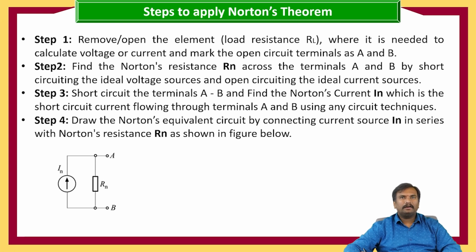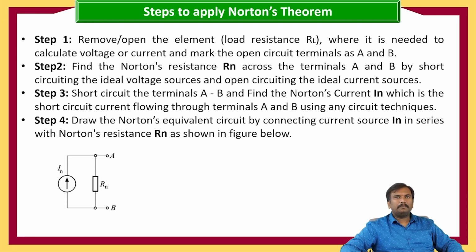We are going to calculate the equivalent resistance by making the sources 0. That means voltage source is replaced with short circuit and current source is replaced with open circuit.